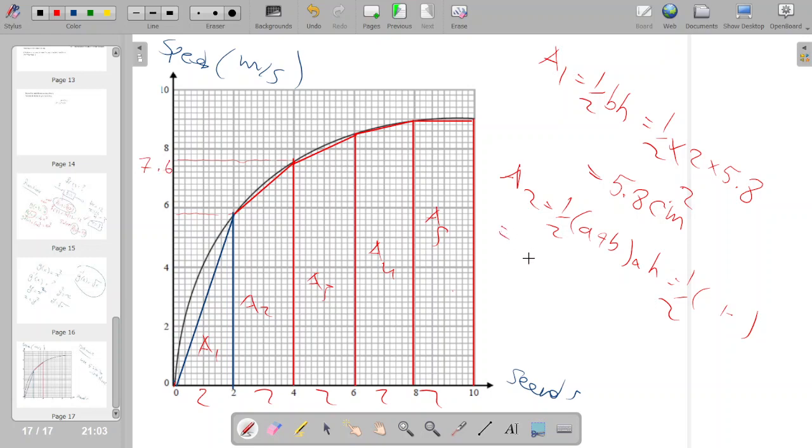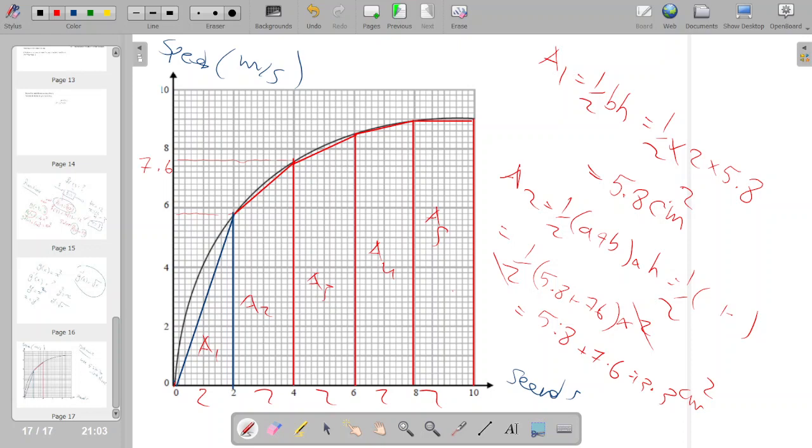So area 2 is going to be half times both of them added, 5.8 plus 7.6, multiplied by h, and h is going to be 2. The 2 is removing the half, so this is going to be equal to 5.8 plus 7.6, which is equal to 13.4 centimeter square. So you do that step by step until you find your answers.